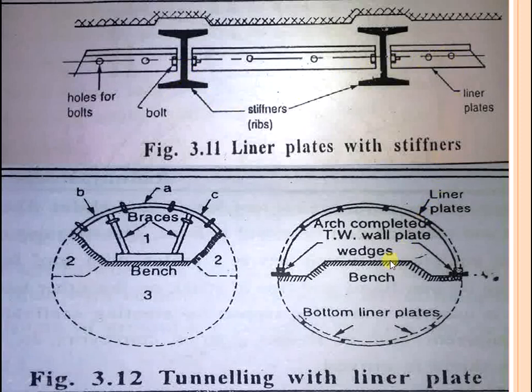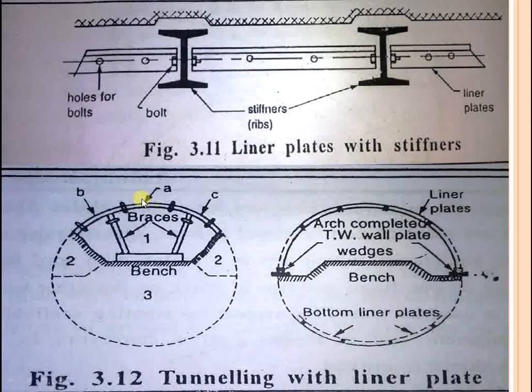This is the bolt, and this is the vertical stiffener or rib, and this is the liner plate. Another image: tunneling with liner plate. There are two liner plates; this is corrugated and next is the plain plate. In the first diagram, the liner plate is supported with the help of bracing. This is the A section. In the A section we first drive a short distance.